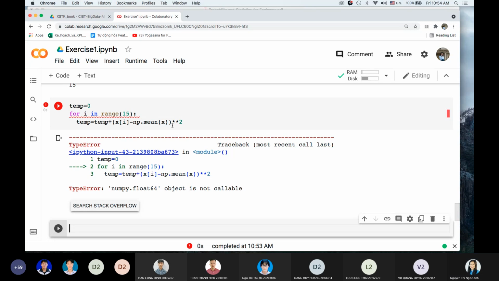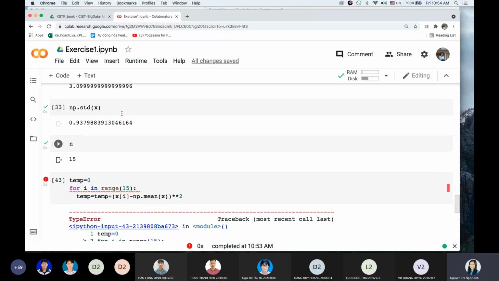Temp, x1, for i in first time, nothing done wrong.